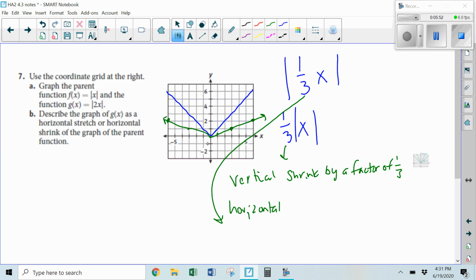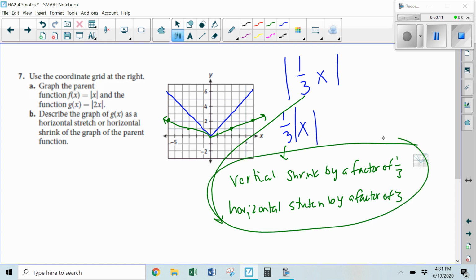So horizontally, what is this green graph doing? Is it stretching horizontally to the sides? Yeah, it's getting to the side a lot faster. So horizontal stretch by a factor of 3. These are interchangeable. I just wanted you to be comfortable seeing both.